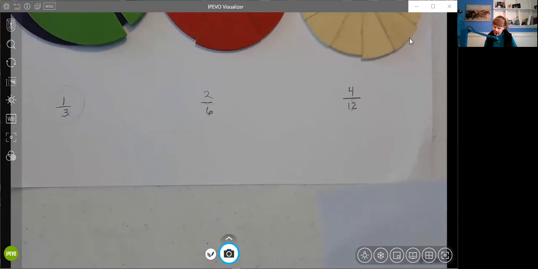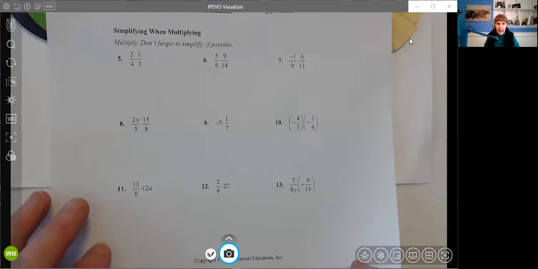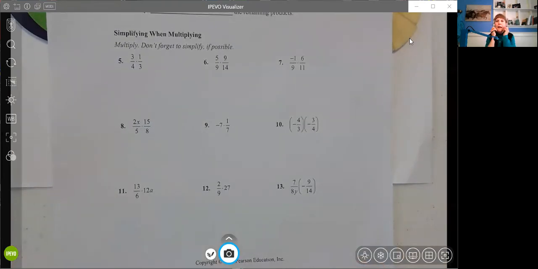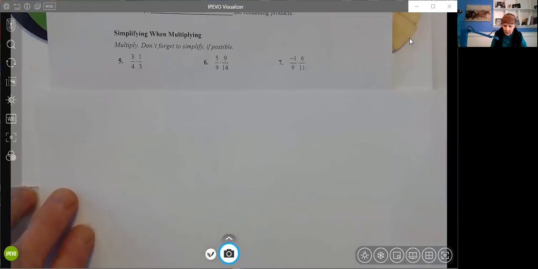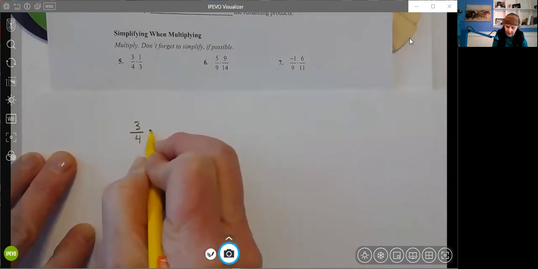3.6 is just a matter of multiplying fractions, but we're going to have an extra step. We're going to reduce before we multiply. So what I'm going to do is I'm going to copy these over as I go through them so that I have more room. So we'll start with 3/4 times 1/3.